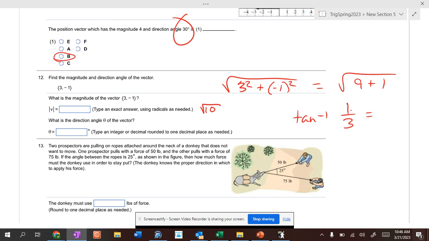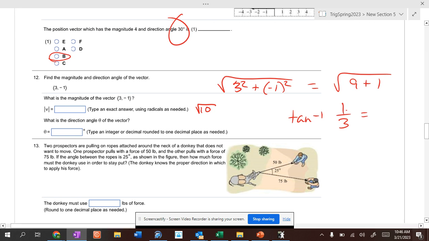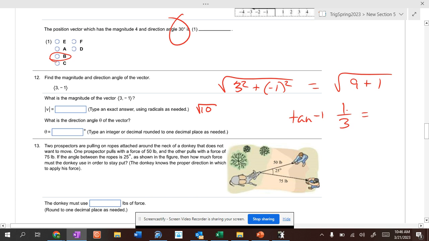Somebody calculator, please. 18.4. And we are in the 3, negative 1 in the fourth quadrant. So 18.4 down from 360 degrees would be 341.6 degrees.